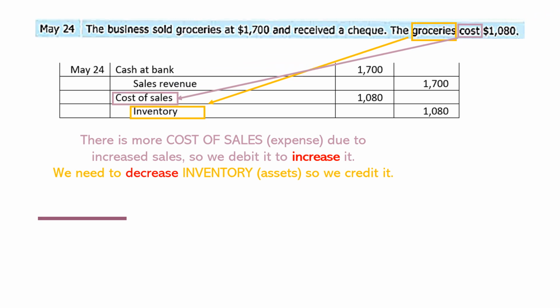Your cost will be related to cost of sales. So down here, you have to understand that you are selling your inventory, right? So your inventory will actually be decreasing. That's why we credit it. And cost of sales is an expense, and there is more cost of sales now because we have increased sales, so we debit to increase it.